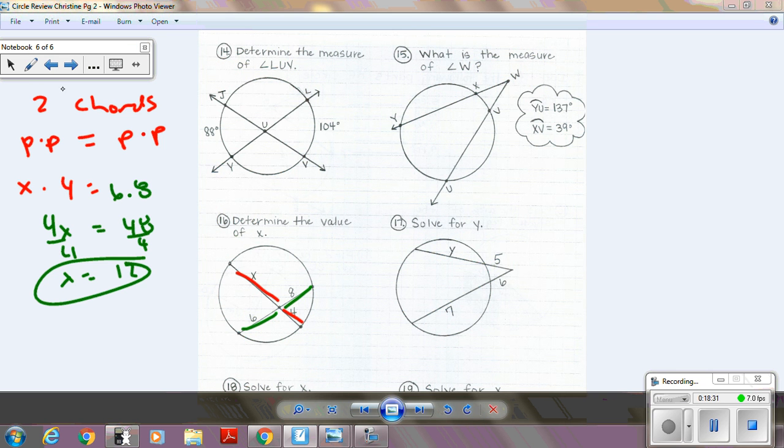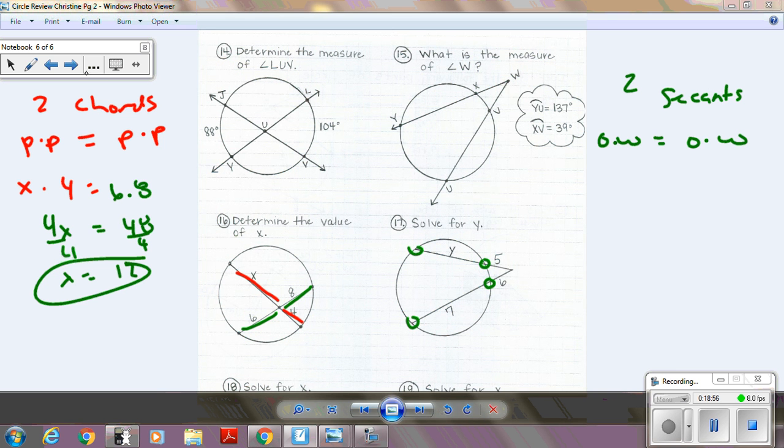For number 17, we see two secants because they touch this circle twice. So since it's two secants, the formula is outside times whole equals outside times whole.